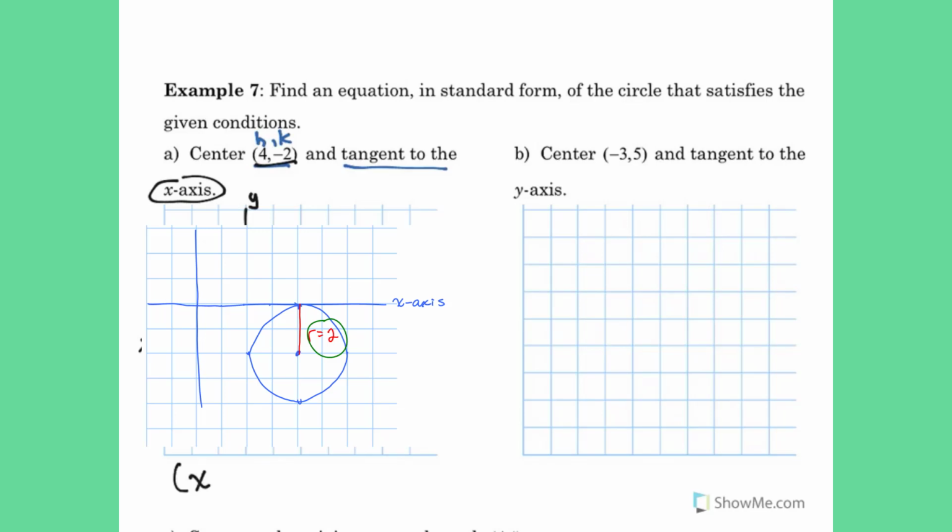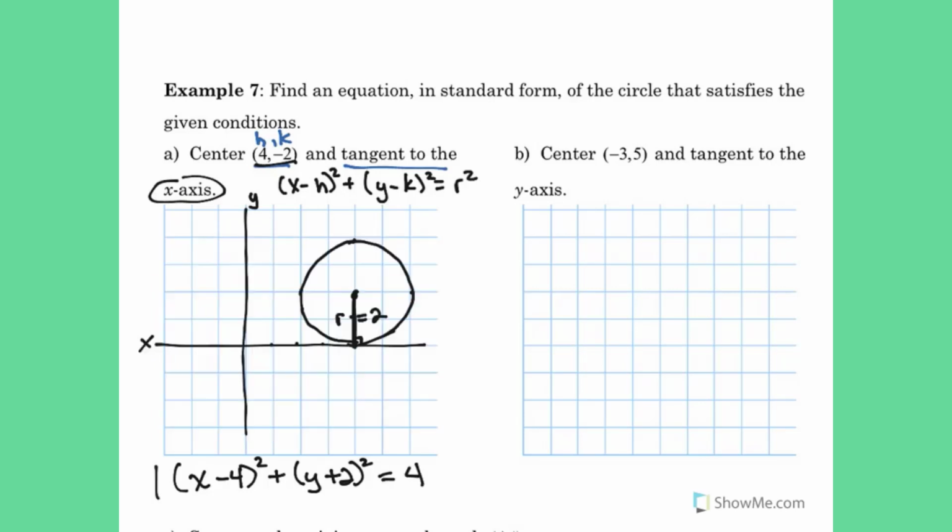So I'd have x minus 4 squared plus y plus 2. Remember that opposite, because of my formula, has those minus signs in it. And then my radius squared is 4. Just writing down the answer by drawing a picture.